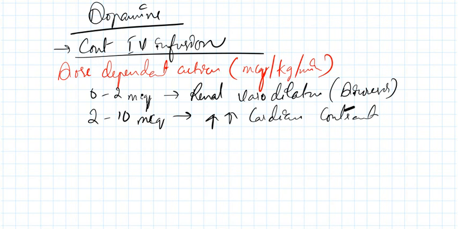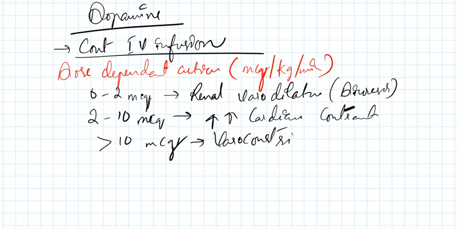If it is more than 10 microgram, it causes vasoconstriction. And the use of dopamine is similar to epinephrine.